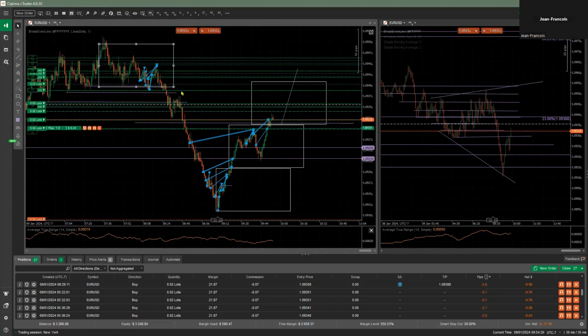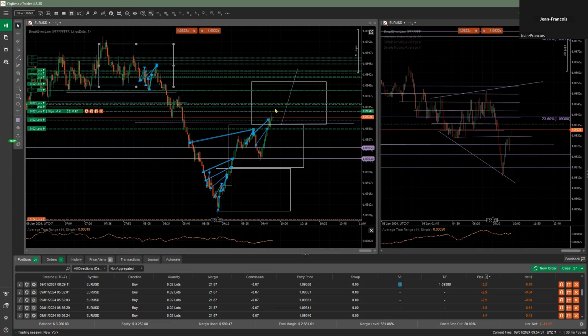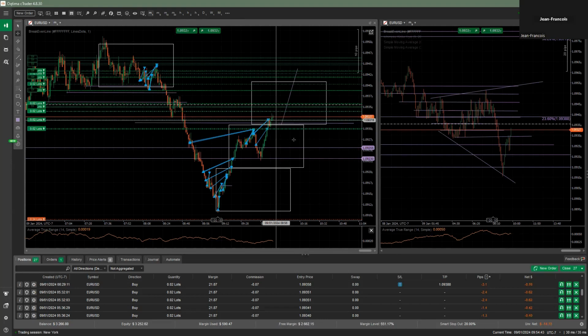I ended up in box 2. I ended up in box 3. I ended up in box 4. And nowhere along the way did I give up on box 1. Right? I was adding to my existing position so that I can average with my existing position. And lo and behold, now I'm only 2 or 3 pips away from not losing anything.